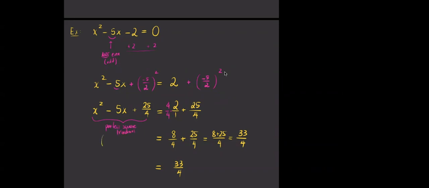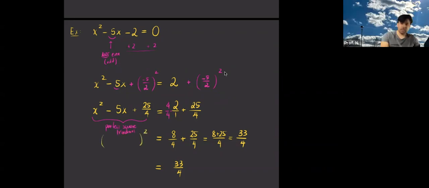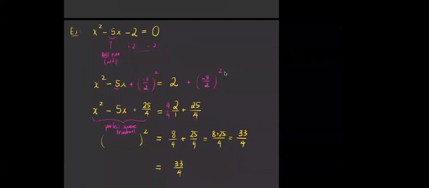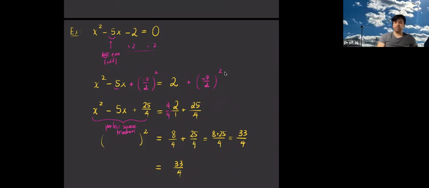When you factor such a perfect square trinomial, what is this going to look like? Does anybody have an idea? Is it like x minus 5 over 2 all squared? You get a whole bunch of thumbs up. Yes! It's x minus 5 halves.